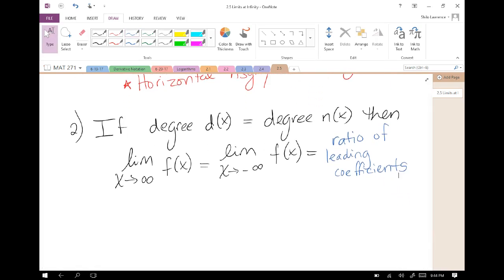So if the degrees are equal, then we're just going to use the coefficients from those terms. And back in algebra class, we described the horizontal asymptote the exact same way, because this ratio of leading coefficients is going to come out to be a finite number. And anytime we get a finite number, the limit is the same thing as the horizontal asymptote.